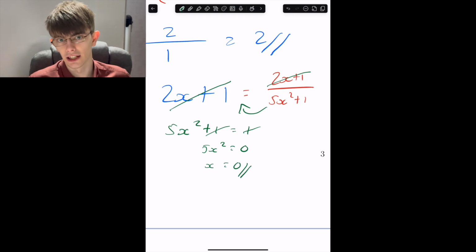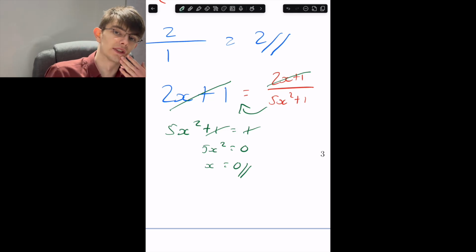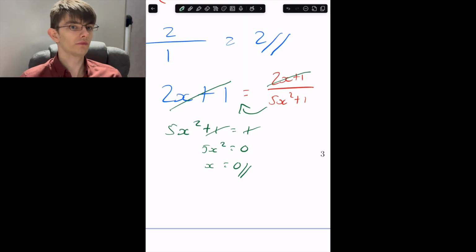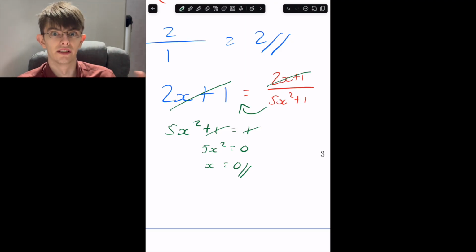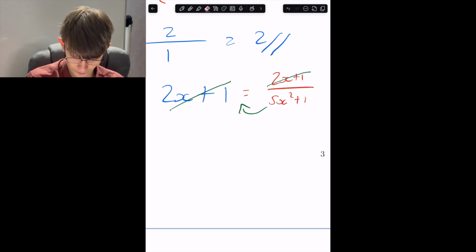There's no other intersection points apart from the one that I already know, which is x equals 0. And some of you, and I know who you are, might get to this point and say, okay, I am done. Perfecto, finished. But there is something hiding away.